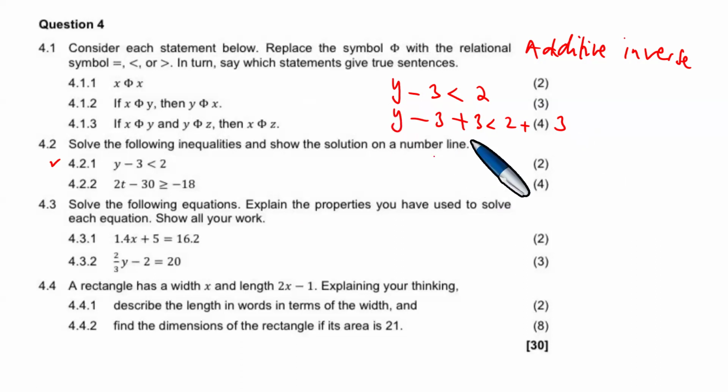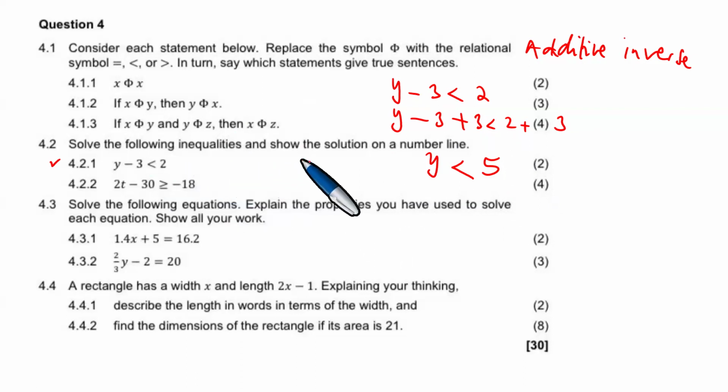If we add 3 both sides, then you have y is less than, what is 2 plus 3? It is 5. So we have been able to solve this inequality for y.